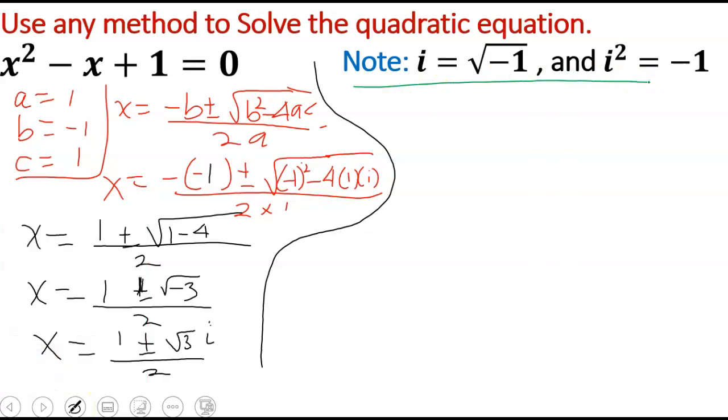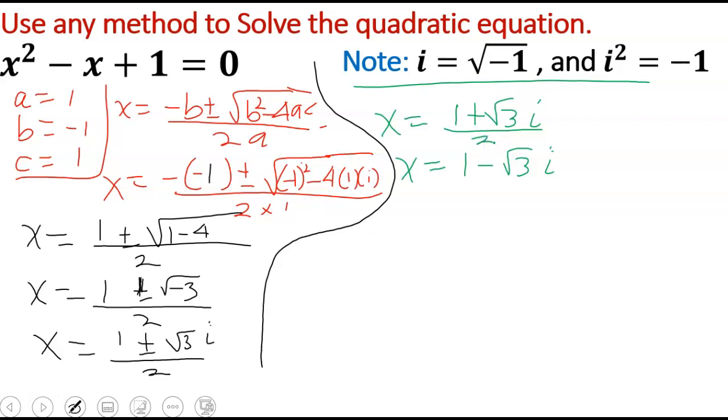So we can separate that: x equals 1 plus square root of 3 i, and x equals 1 minus square root of 3 i, over 2.